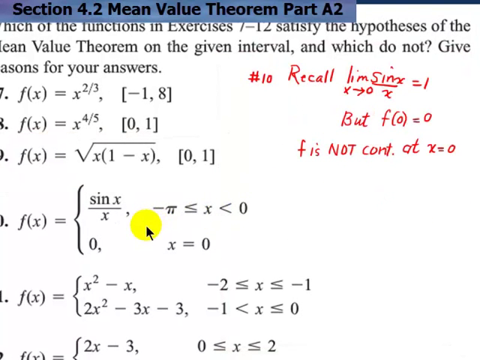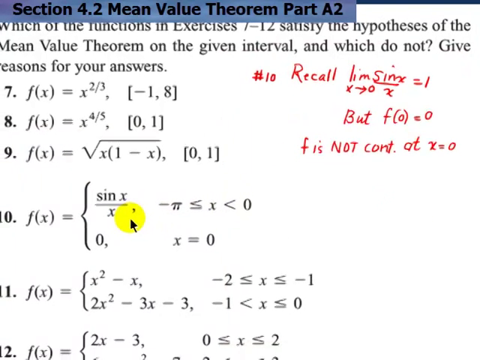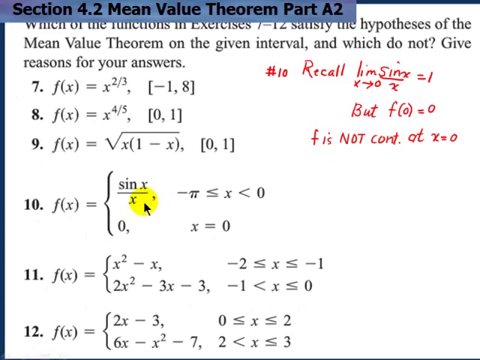Let's look at number 10. We've got a piecewise function right here, and if you recall, the limit of sine of x over x as x approaches 0 is 1. But f of 0, as defined here, is equal to 0.